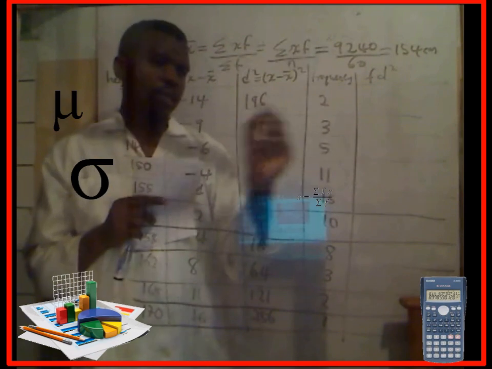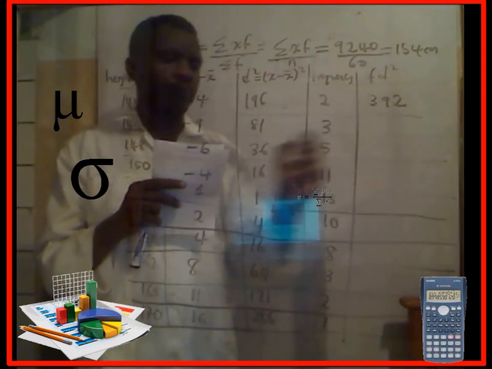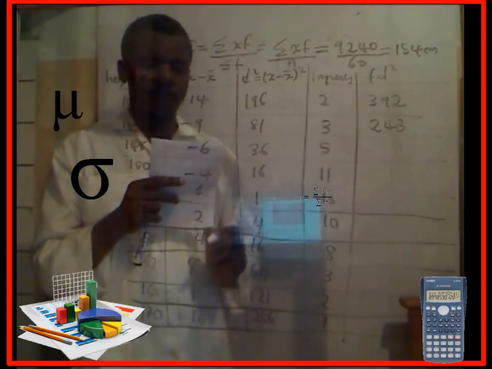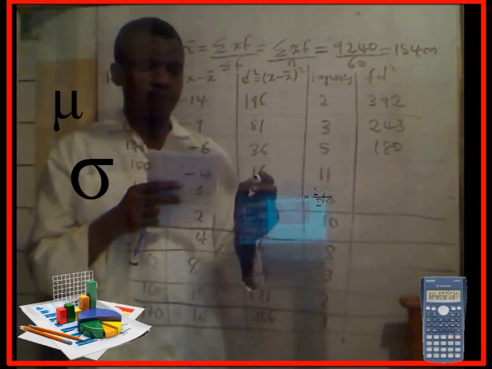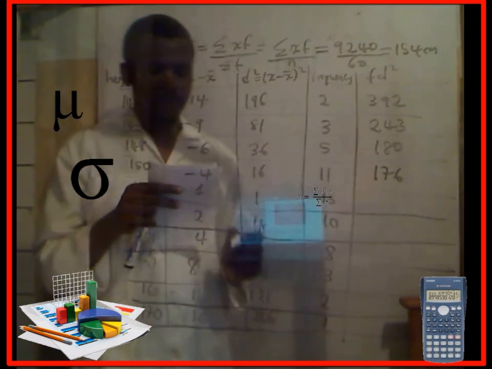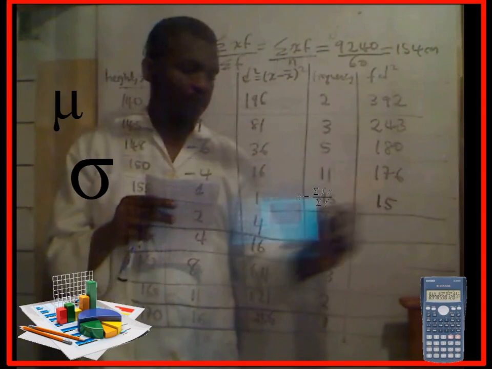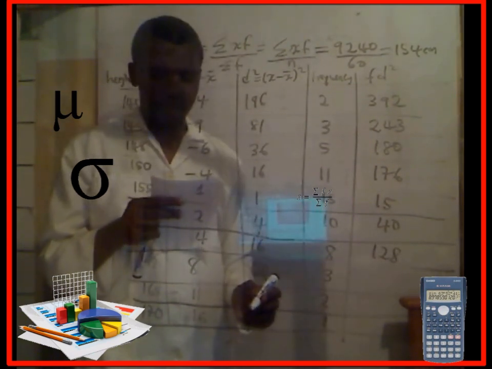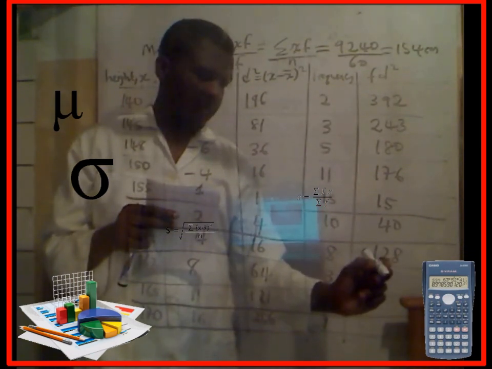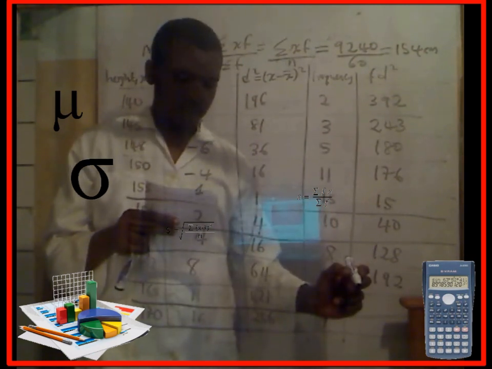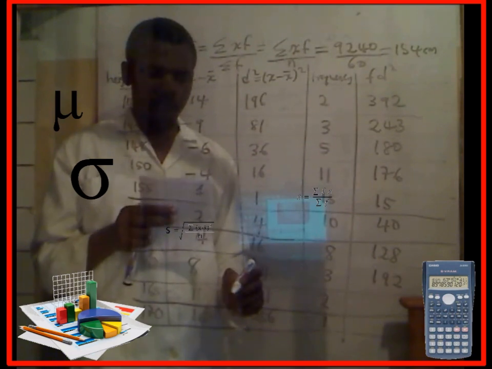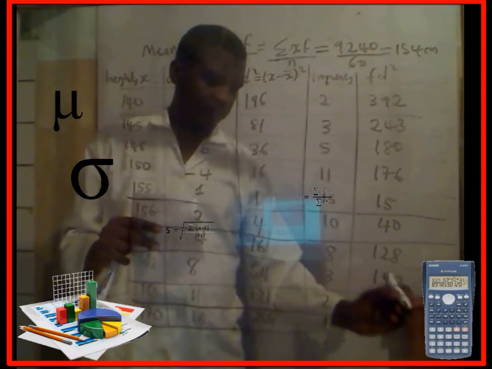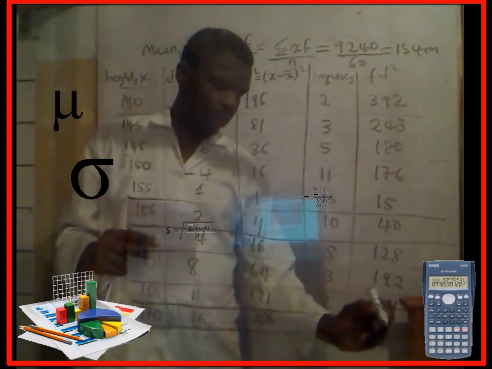We have 196 times 2, which gives us 392. 81 times 3 gives us 243. 36 times 5 gives us 180. 16 times 11 gives us 176. 1 times 15, 15. 4 times 10, 40. 16 times 8, 128. 64 times 3 gives us 192. 121 times 2 gives us 242. 256 times 1 gives us 256.